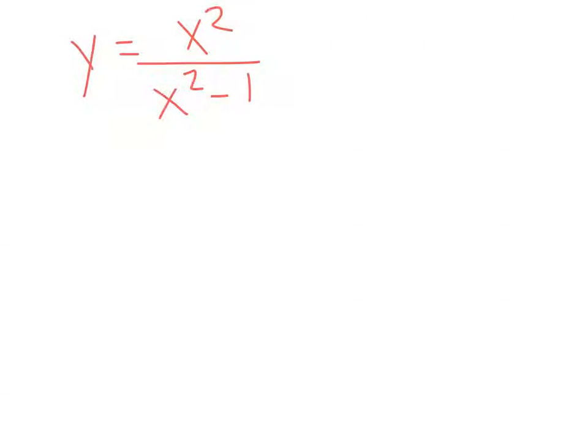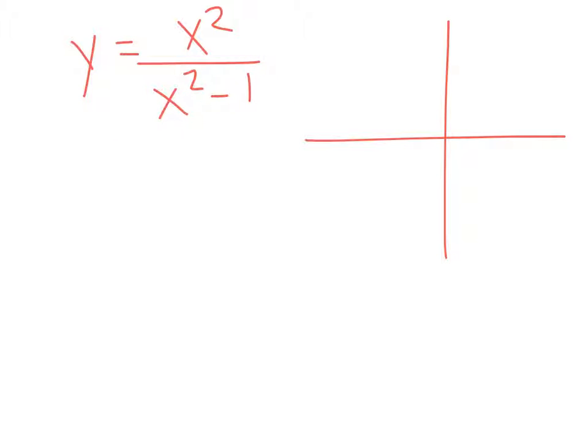Now in this one, they actually switch the directions around. They tell you to graph it first, and then identify the asymptotes, because it's not as easy just by looking at it. So we'll do that just so you can see how things change a little bit. First of all, x squared minus 1 on the bottom.